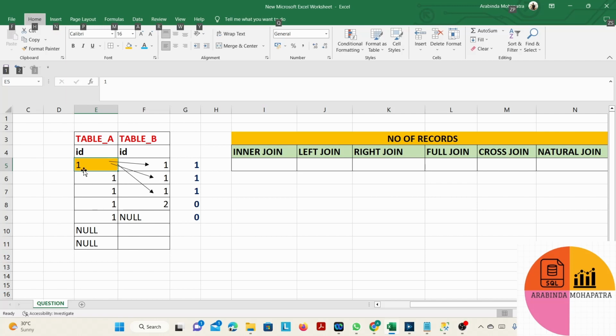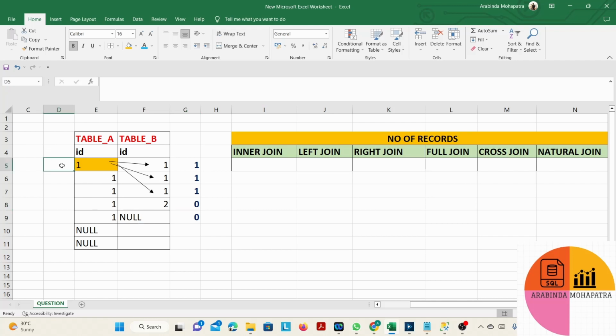The first record from table A is processed against the records in table B. Here 1 matches the first record from table B, also the second record, and also the third record. So the number of matches is 1 and 1, and here it's 0 because 1 is not equal to 2, and 1 is not equal to null either.